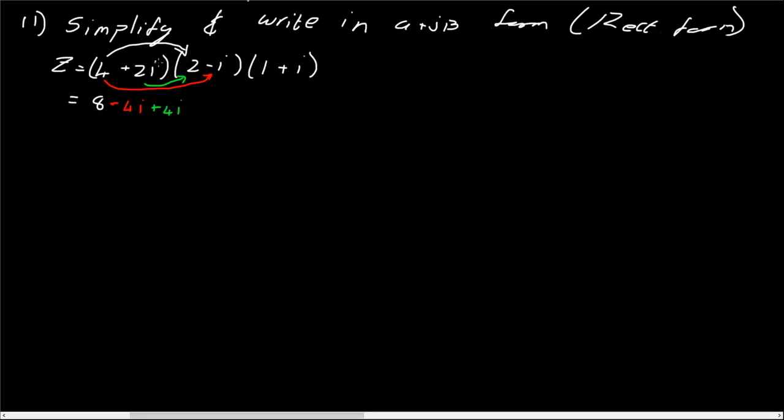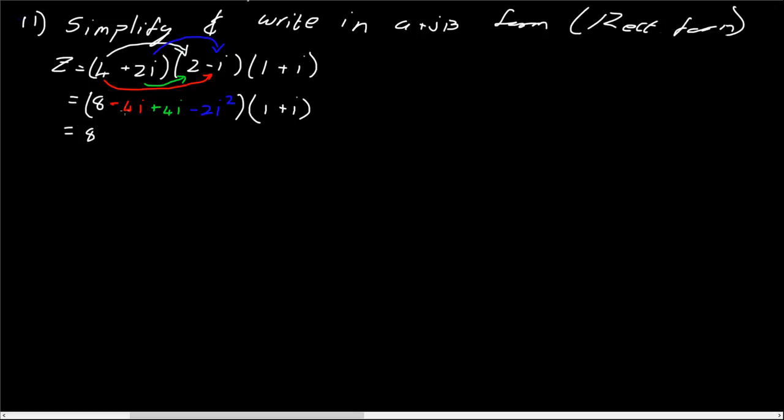And then lasts, plus 2i times minus i gives minus 2i squared. Okay, and we're just going to pop that into brackets and carry the last bracket because we haven't used that one yet.